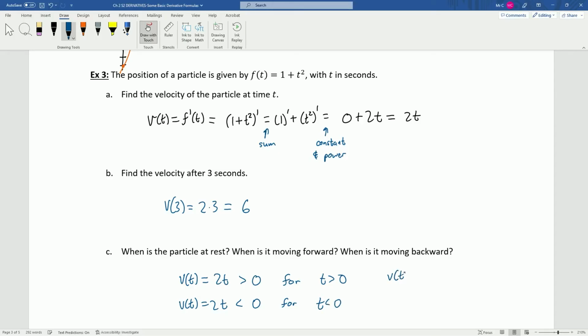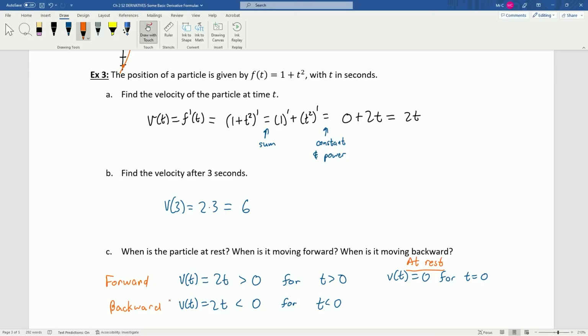And v of t is going to be 0 for t equal to 0. So when t equals 0, this is at rest. The particle isn't moving if its velocity is 0. And when the velocity is positive, by definition, that means it's moving forward. When it's negative, it's moving backward.